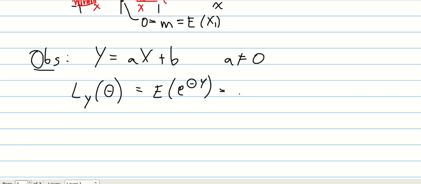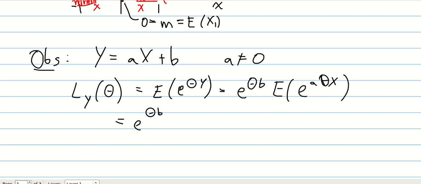So the b will go out because it's a sum, it will become a product. Expectation of a constant times something is the constant times the expectation of this something. So we can write this as e to the theta b, which is just a number, times the Laplace transform of x at the point a theta.